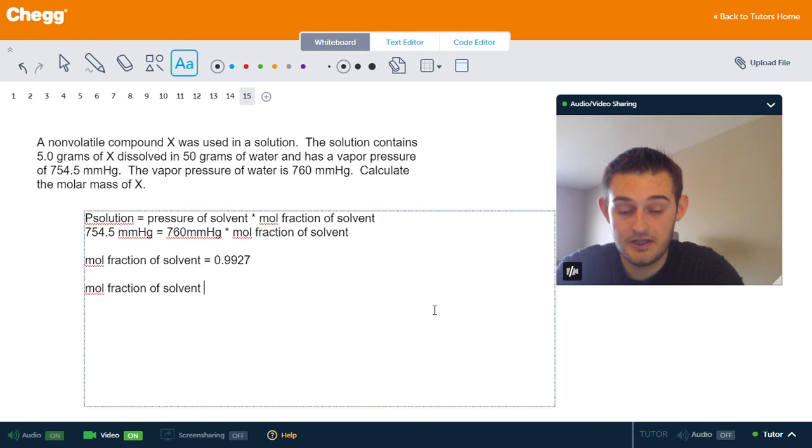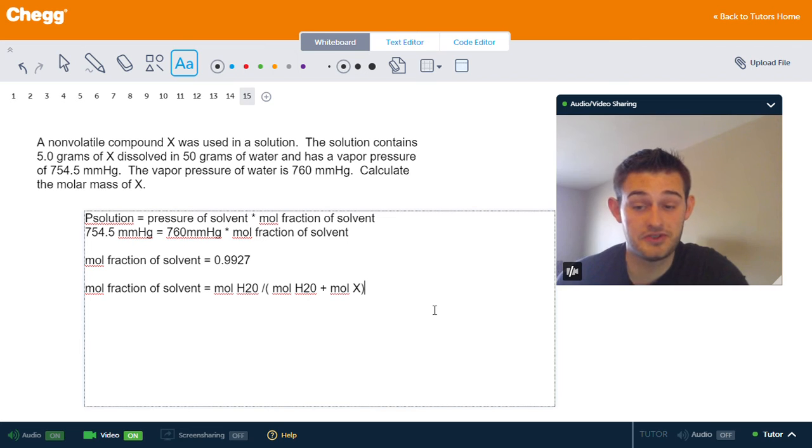So now that we know the mole fraction of the solvent, we know that the mole fraction of the solvent is equal to the moles of H2O, or the solvent, divided by the moles of H2O plus the moles of substance X. So this is just the fraction of moles of H2O.